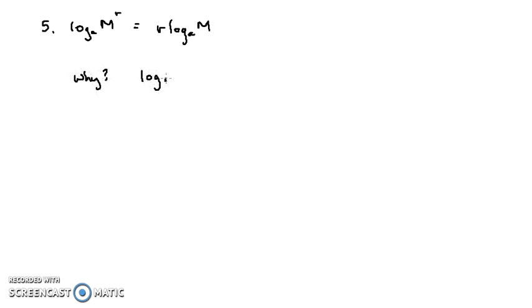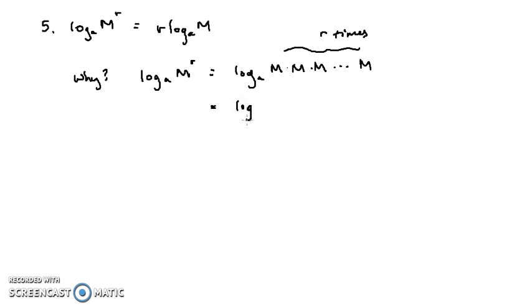Okay, so let's say we have log base a of m to the r. Well, what does an exponent mean? It means you're going to multiply that thing that many times, right? So this is log base a of m times m times m, and we're going to have r of them. Okay, so we do that r times. So like if this was m to the 9th, we'd have 9 m's here. All right, and then our multiplication rule says that we can break this up as addition.